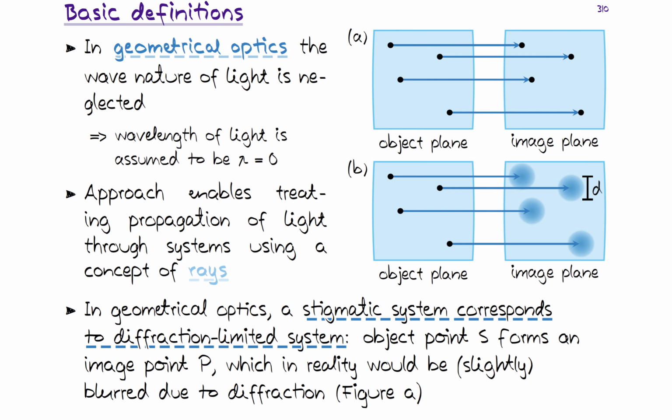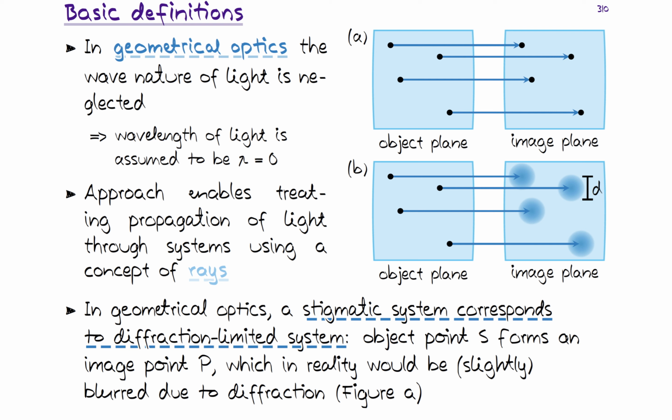And most of the time we do not need to consider those when we're looking at problems related to geometrical optics. So we don't really need to do calculations where we would be estimating how much things would be blurred out by diffraction of light. So here in geometrical optics, point object S is basically forming an image point. And of course, ideally, the imaging process gives us a point-like image. But in reality, of course, it would be slightly blurred due to diffraction.